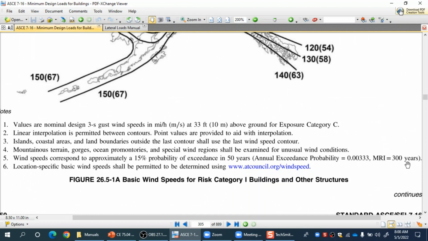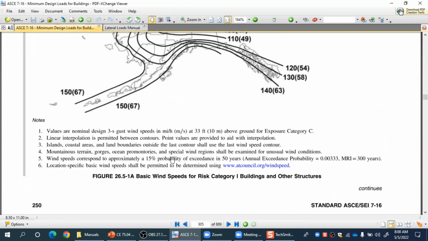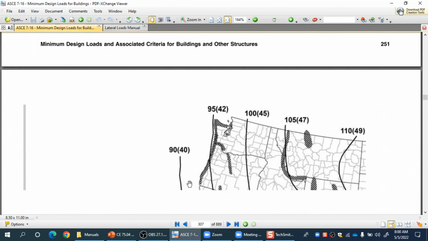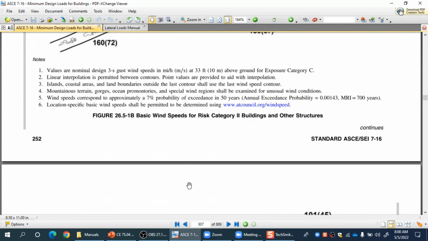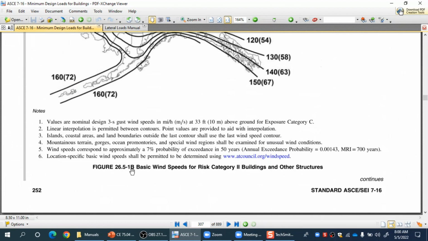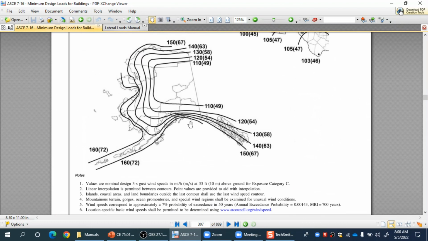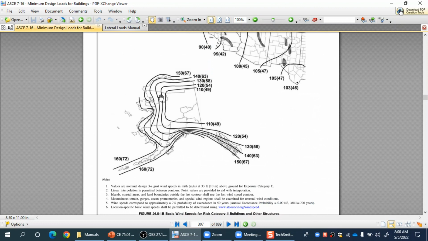Mean recurrence interval will increase and the probability of exceedance in 50 years will reduce, right, for higher risk category buildings. So let me go to the next figures for any building which is for risk category 2. Yeah, these ones.